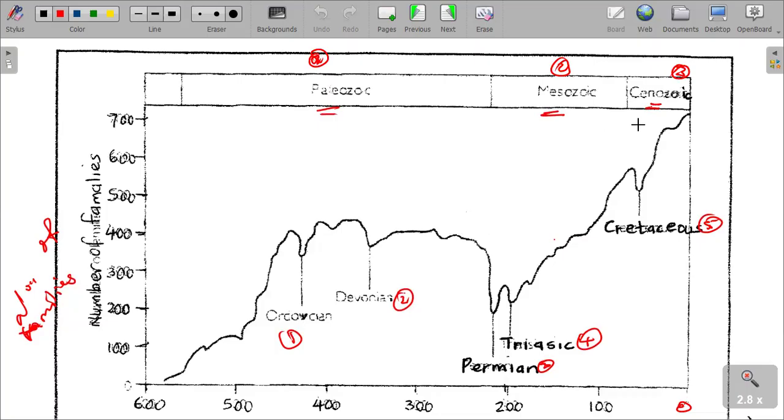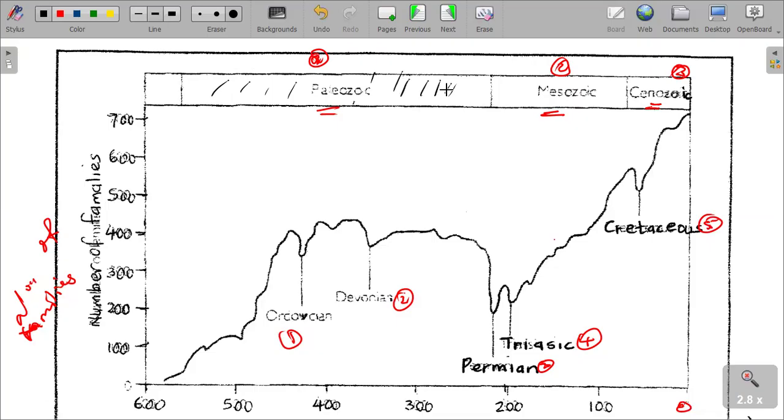Because if you can see here, it is ending here, the Paleozoic era. The Paleozoic era that is referred to, class, is this one. Please note that these questions must not confuse you here. The Paleozoic era is given from here to here.